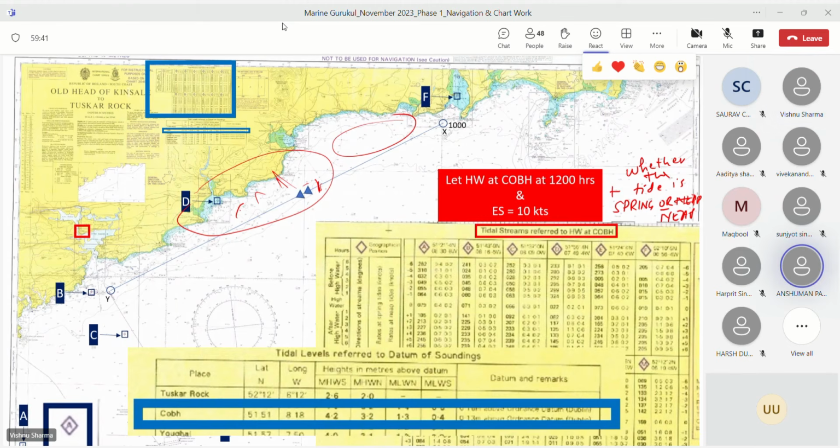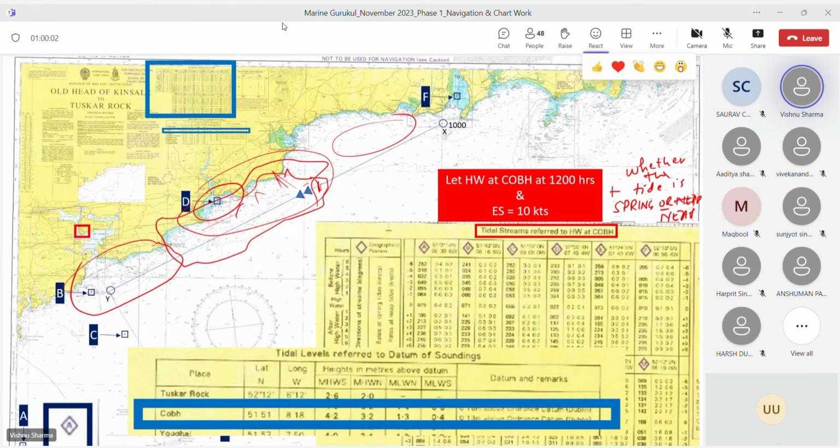Okay, understood. Otherwise, there's nothing much I can say, because when you are closer to the coast here, this tide is likely to affect you most in this region, right? Yes sir. And obviously this tide will take care in this part. So if it is coming somewhere, there will be overlaps. Don't worry about that beyond a point.